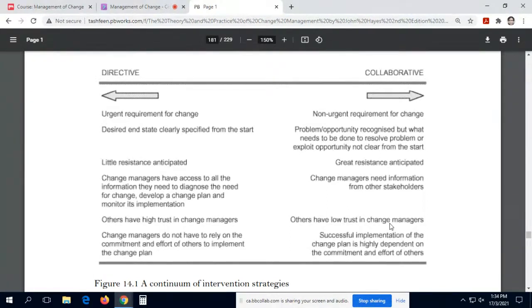On the other hand, if there is low trust, then you will have to go for some collaborative strategy, because people don't trust you already. So why are they going to listen to you? If you have low trust and you are being directive, will the change strategy work? Think about it. If the people following you have a trust deficit, you have done some things because of which they don't really trust you.